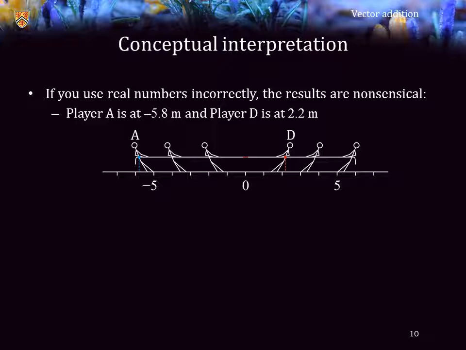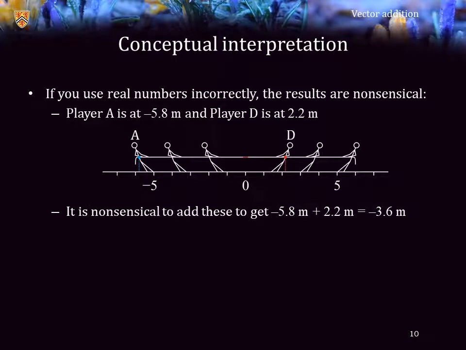The origin is placed at the initial start of the game. It is nonsensical to add these two locations. It doesn't mean anything to add negative 5.8 and 2.2 to get negative 3.6. You do not add absolute locations.